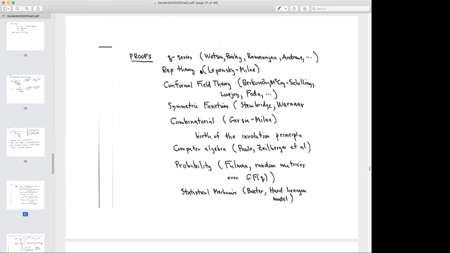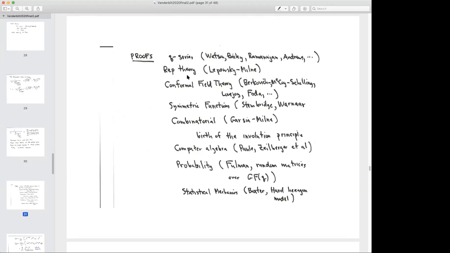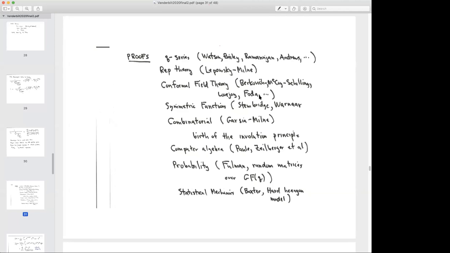There's Q-series proofs. There's a representation theory proof using affine Lie algebras. Conformal field theory proofs. I want to say Omar Foda's name here in particular. He, I'm afraid, passed away last May. He was a very nice fellow. There's some metric function proofs.